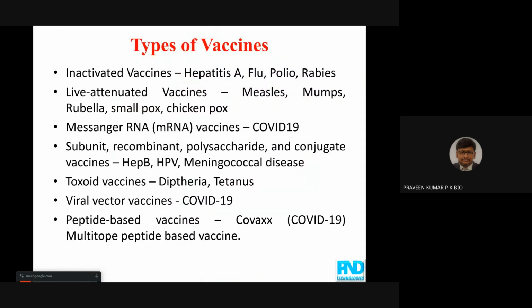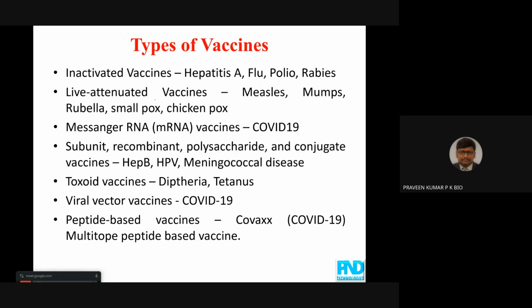Now I give you an example of types of vaccines. Vaccines can be inactivated vaccines. So examples are hepatitis A, flu, polio, rabies. Live attenuated vaccines: measles, mumps, rubella, smallpox, chickenpox. So can you tell me what is the difference between inactivated vaccines and live attenuated vaccines?